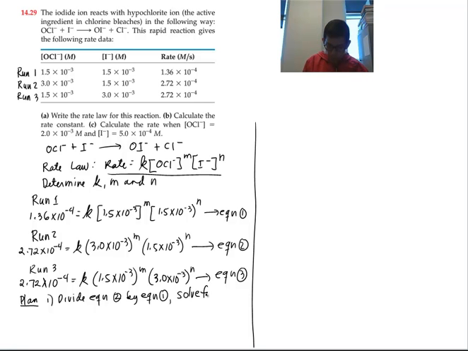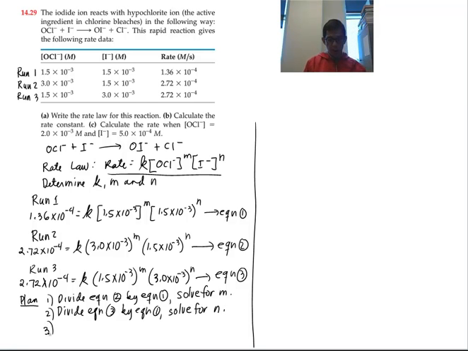Step 2: if you divide equation 3 by equation 1, you can solve for n.